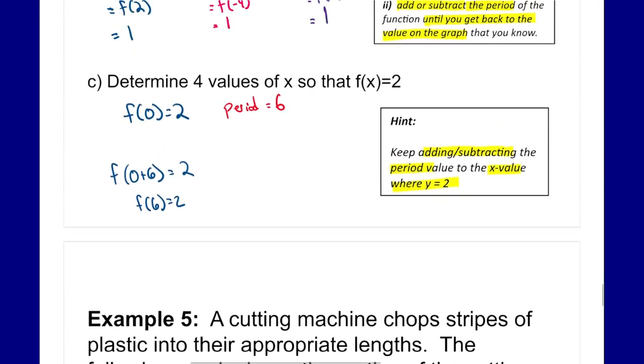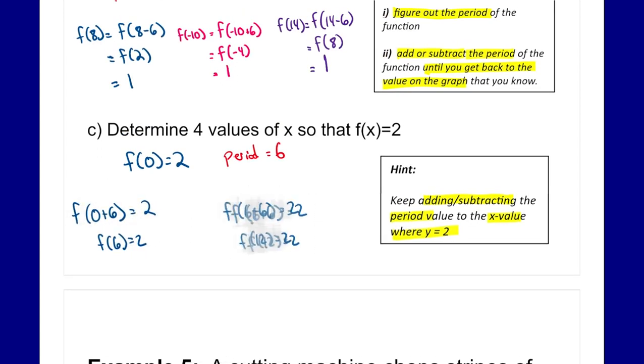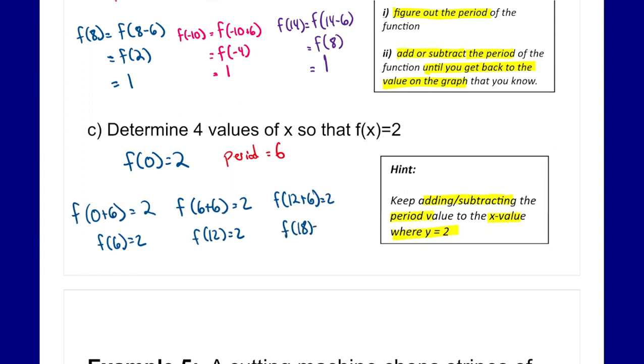So I can keep on going even if it's not on the graph. I could take f at 6 plus 6 equals 2, because again, I'm adding a period. I'm going 1 period over. So I get f at 12 is equal to 2. I could keep on going: f at 12 plus 6 equals 2, or f at 18 equals 2.